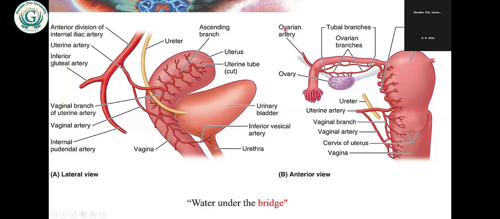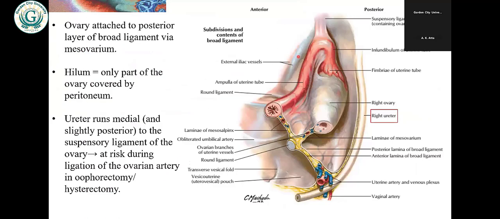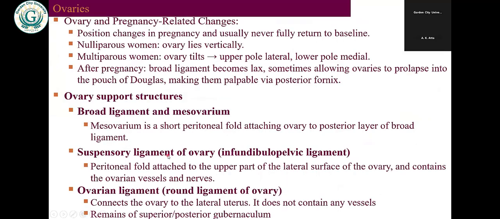And the ovarian artery is from the abdominal aorta. The ovarian artery lies within this ligament, which you also know as the suspensory ligament of the ovary, also called the infundibulopelvic ligament.